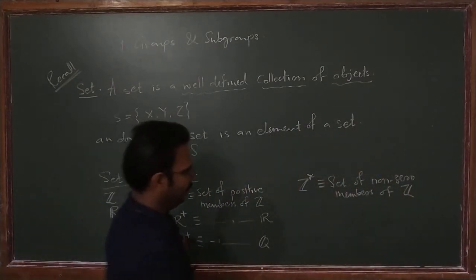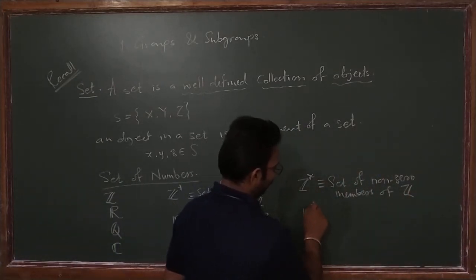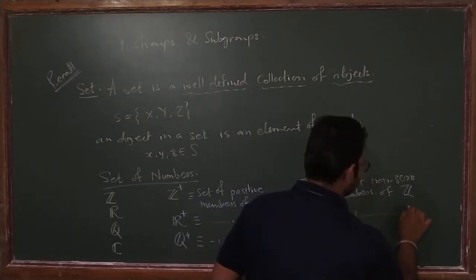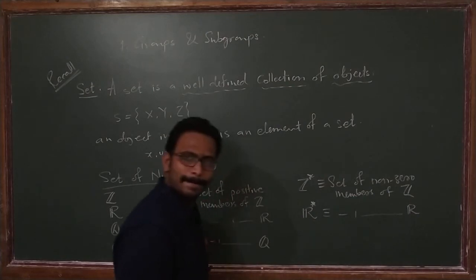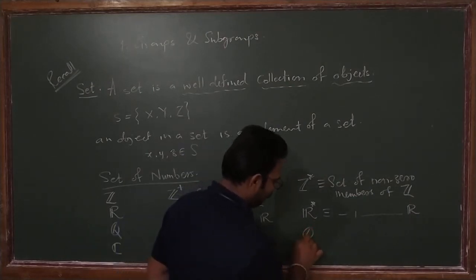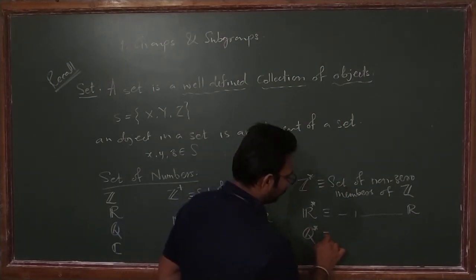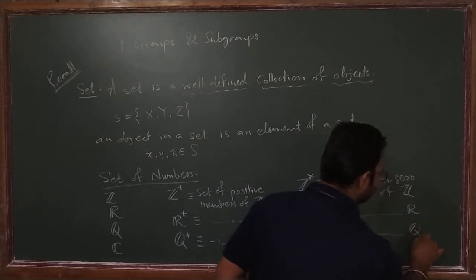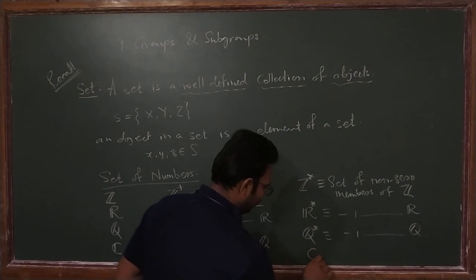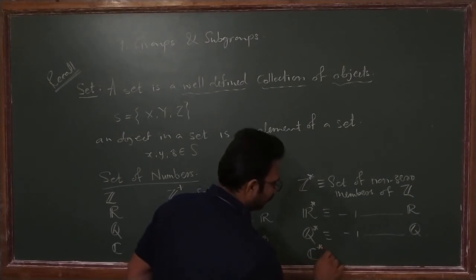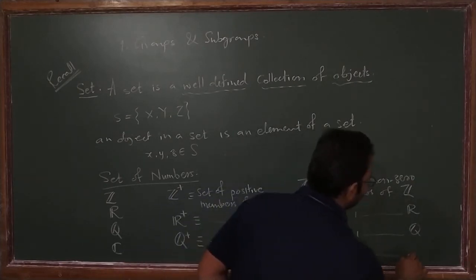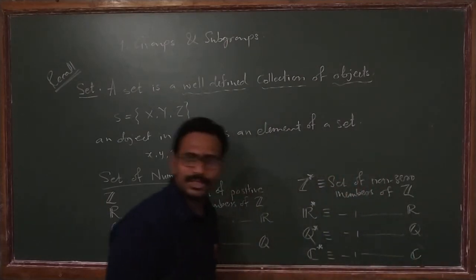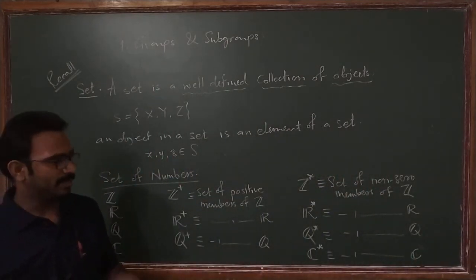Similarly, I can define R star to be the set of non-zero members of R. Similarly, I can define Q star to be the set of non-zero members of Q, or then C star to be again a set of non-zero elements or non-zero members of C.